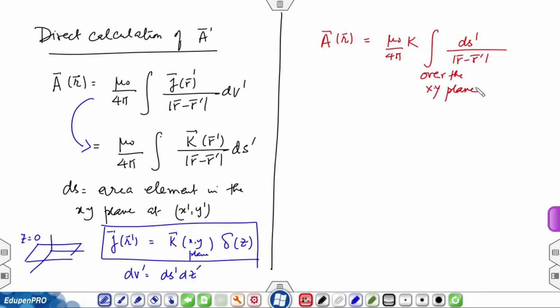This is a very easy integral to do, and I will tell you that trick, and let me write this first.